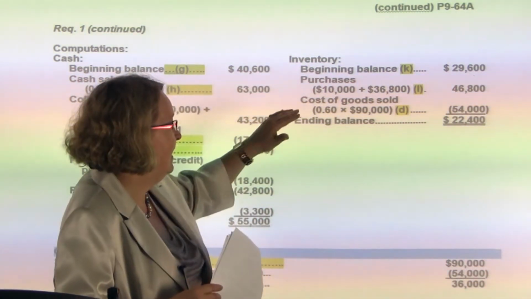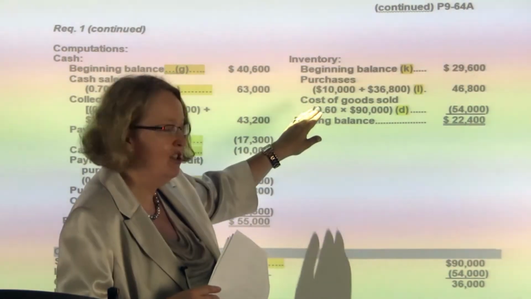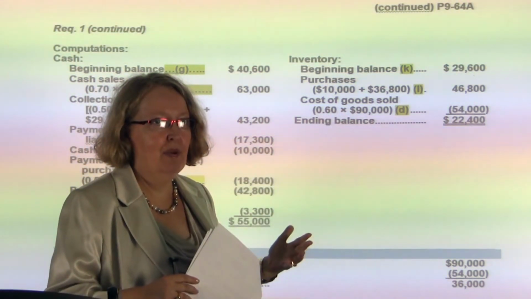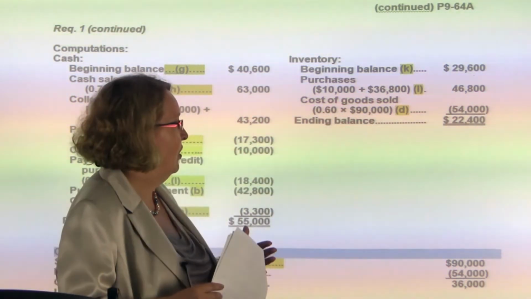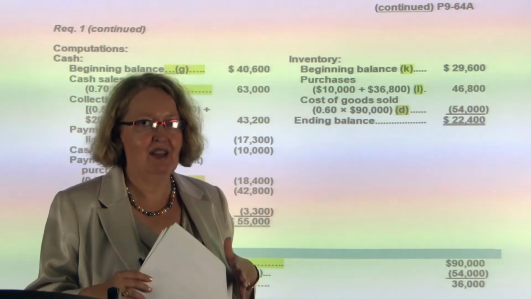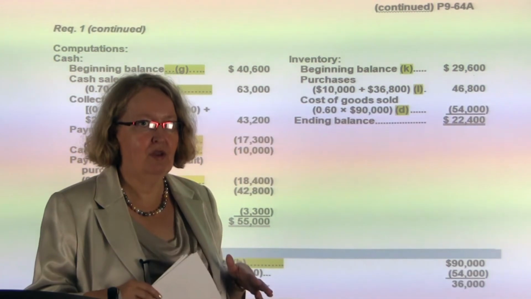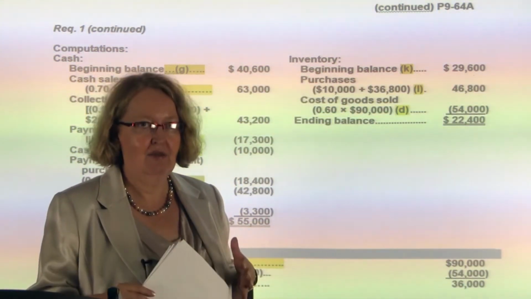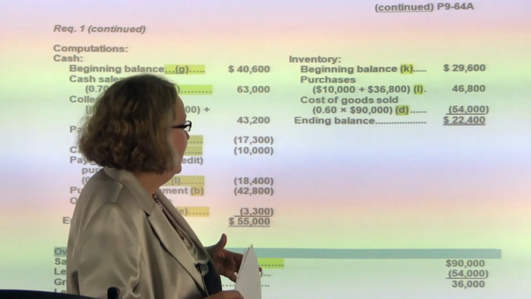We know that $10,000 was purchased as cash and $36,800 was purchased on account. So the bottom line is you actually bought $46,800 worth of inventory. But when you're counting inventory, how you paid for that inventory is irrelevant.